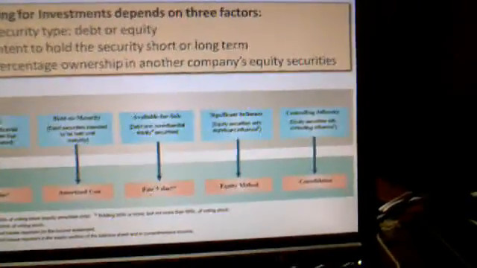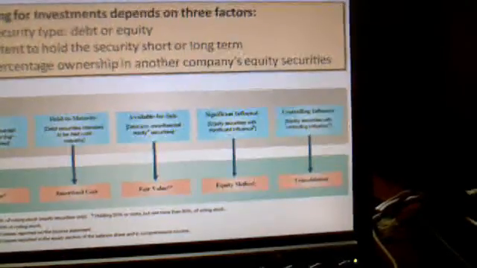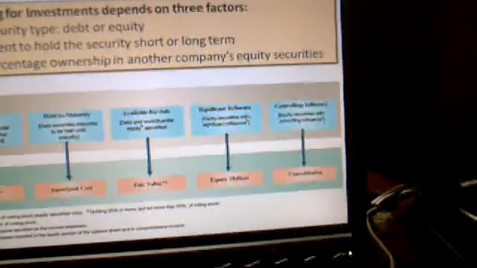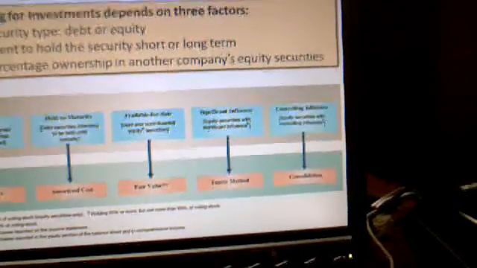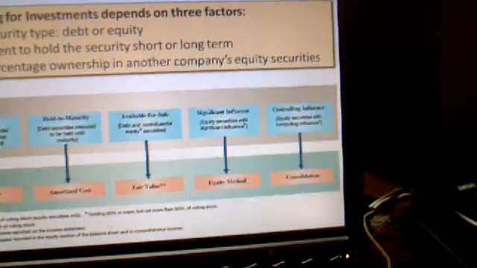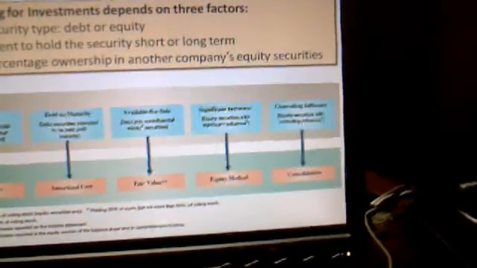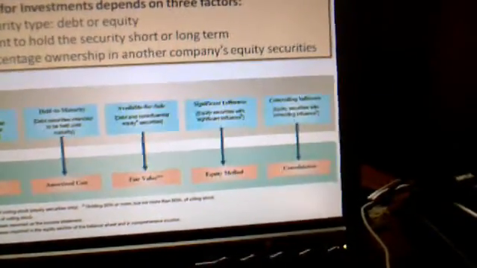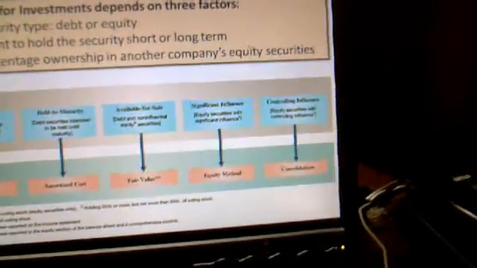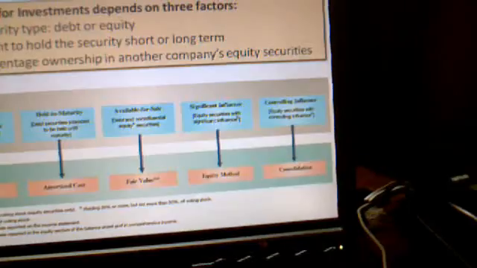When you get into classifications and reporting on slide number 6, just be aware there are different ways to report these things. If you have a trading security, basically which are investments in securities that you're actively buying and selling, those are recorded at fair value. In other words, what will it sell for in the market right now?